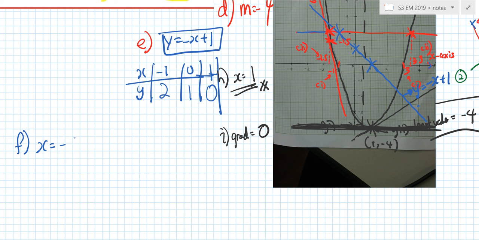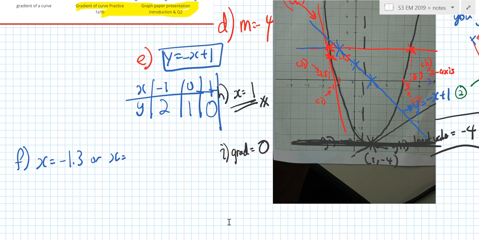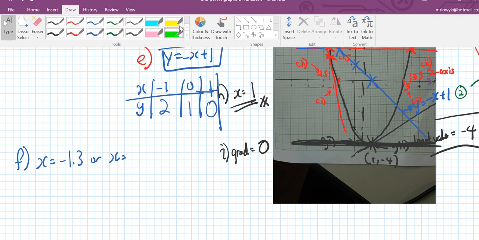No, write down the x coordinate. Minus 1.3. Negative 1.3. Or x equals to. Do you know how I get this? Can I use the highlighter? Do you see this point where I touch?